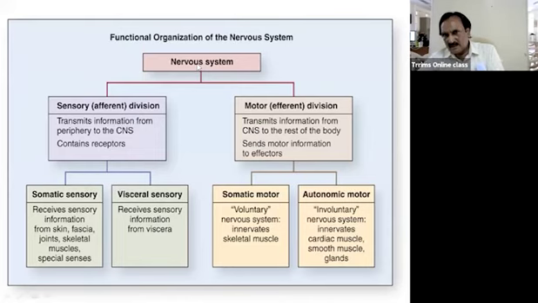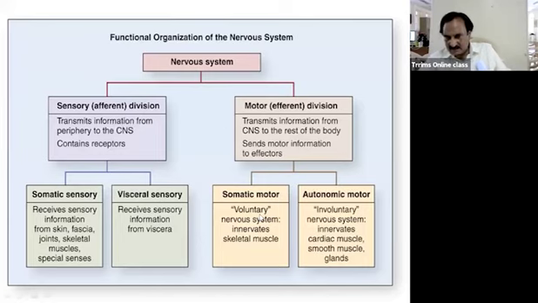The brain and the spinal cord in turn will result in the transmission of motor information from the central nervous system to the muscles of the leg, concerned with the withdrawal of the leg from the source of pain or injury or prick. So that is how it functions.